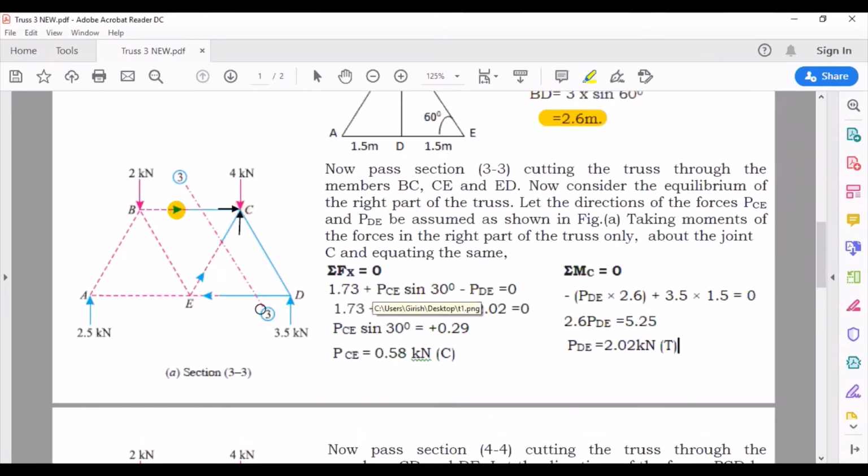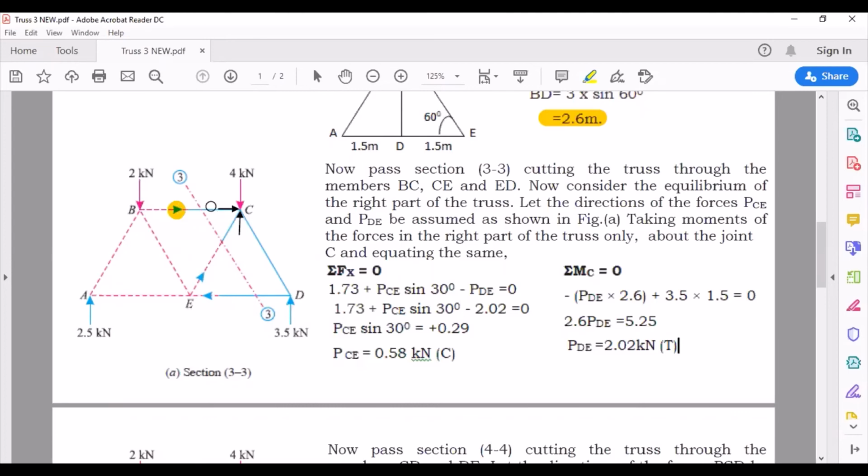Now, when I come to horizontal forces, you have ED, which is the horizontal force. You have PCE, that is the horizontal component of this member force. And you have a horizontal member, that is BC as well.